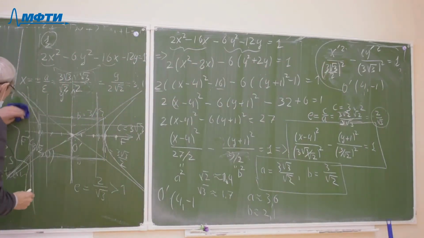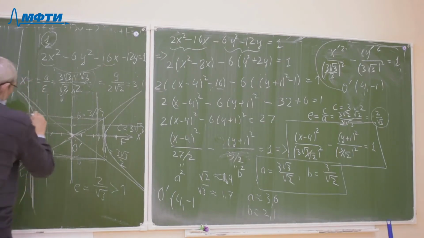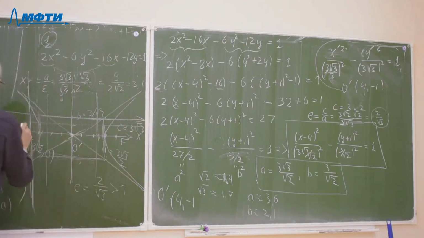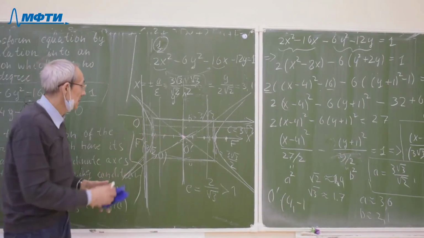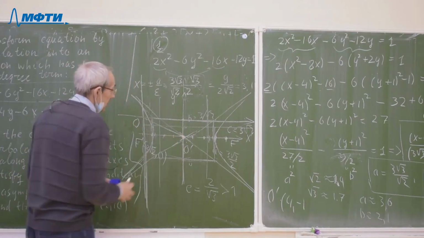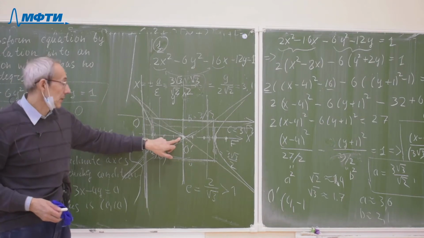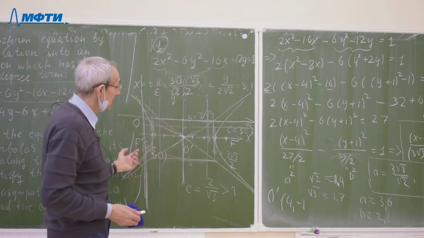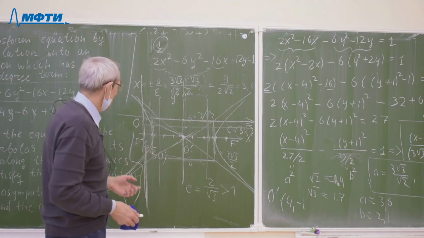And we shift the origin of the coordinate system by the vector which has coordinates 4, minus 1. In this new coordinate system we draw our curve.